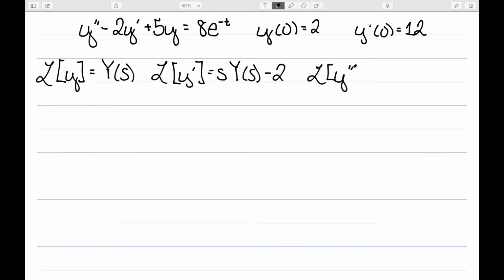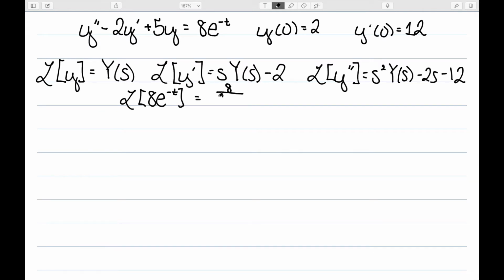And the transform of y double prime is then s squared Y of s minus 2s minus y prime of 0, which is 12. We also have that the transform of 8e to the minus t, according to our table, is 8 over s minus a, so s plus 1.